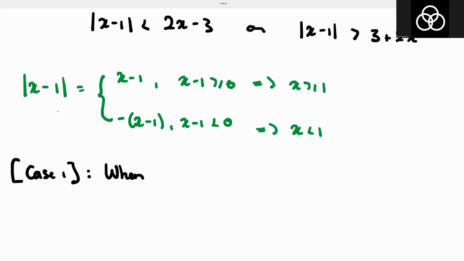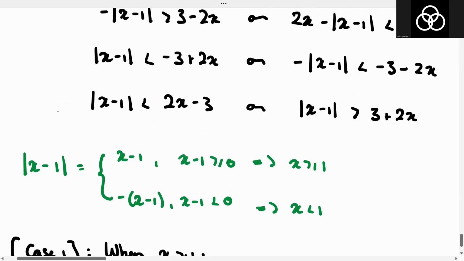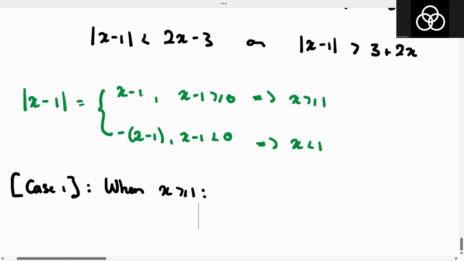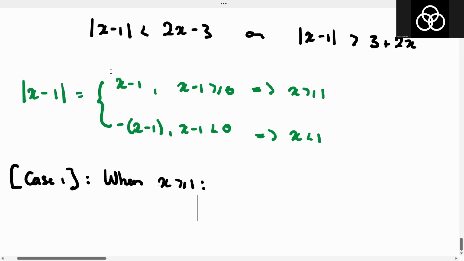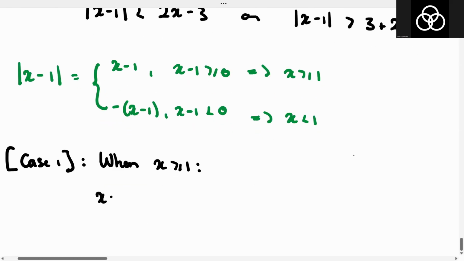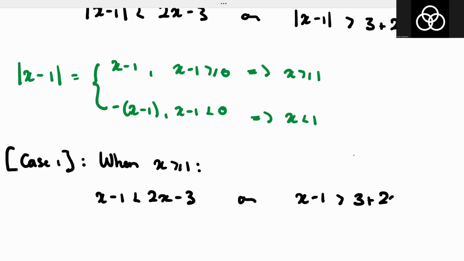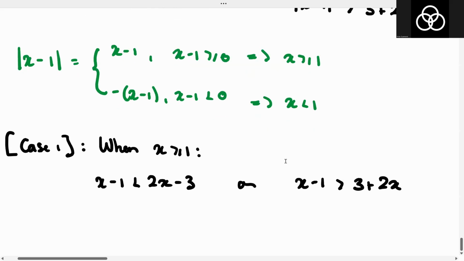When x is greater than or equal to 1, what do we have going on here? When x is greater than or equal to 1, we use the top part of the piecewise function, right? So we get x minus 1 is less than 2x minus 3, or x minus 1 is greater than 3 plus 2x. And this is very straightforward.